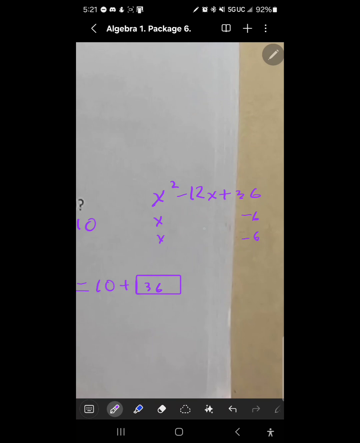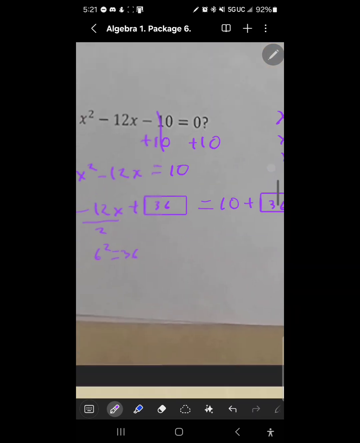So now I'm going to cross the numbers. So I have x and minus 6 is minus 6x, and it will give me minus 12x. So we are fine.